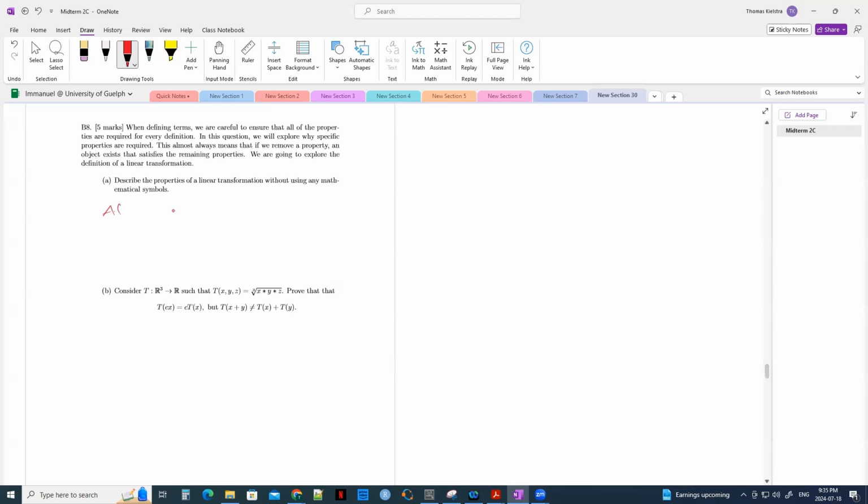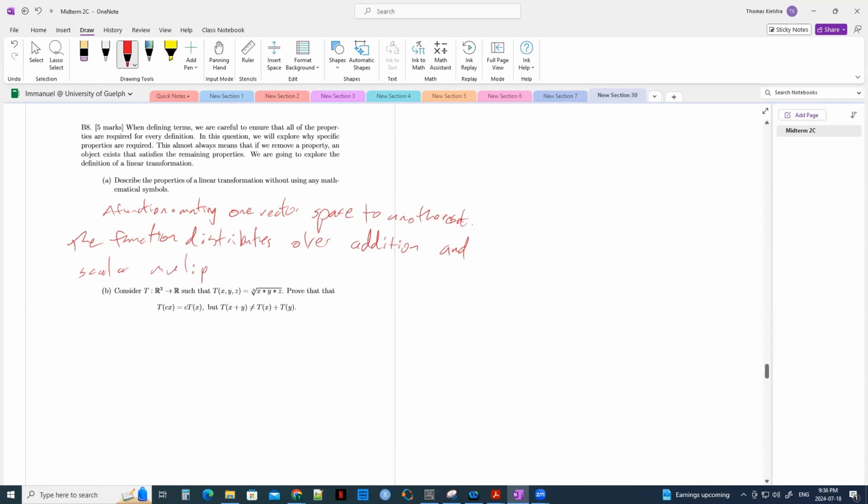So we have a function mapping one vector space to another, such that the function distributes over addition and scalar multiplication.